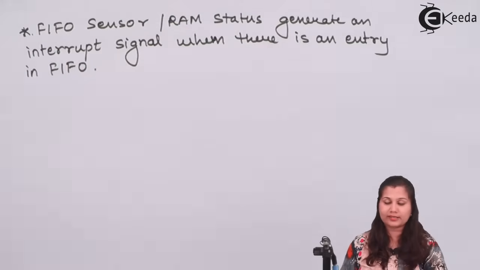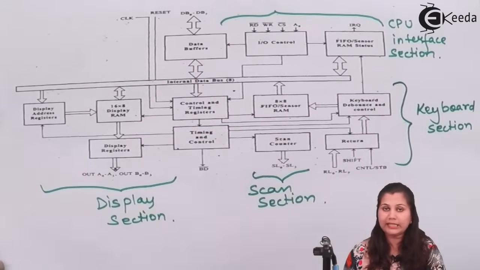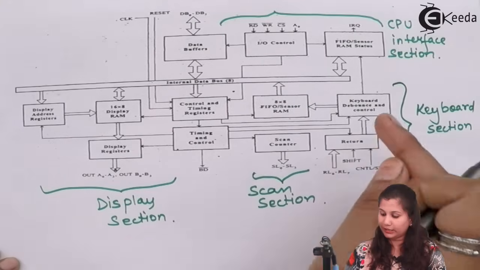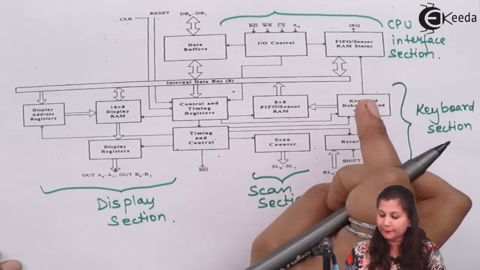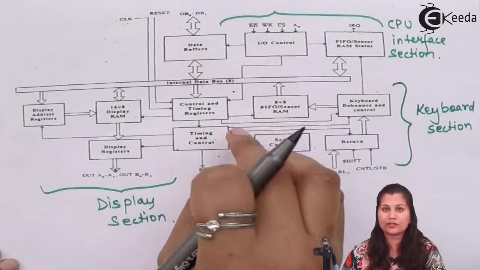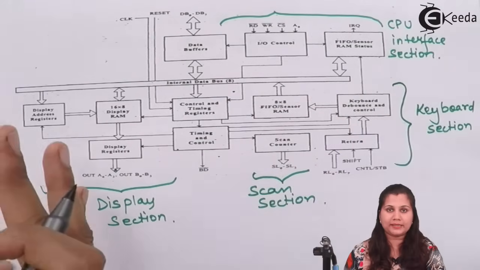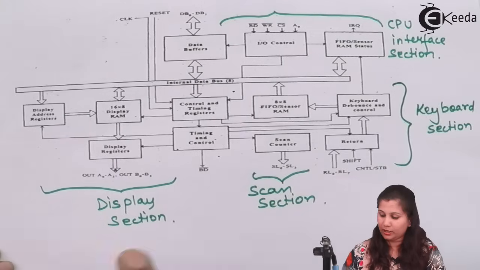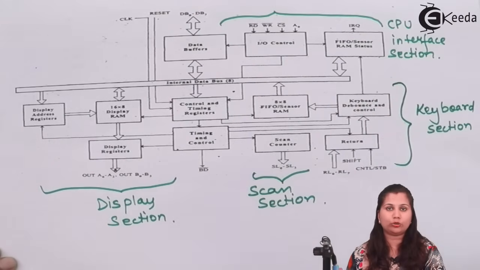So this FIFO sensor RAM status block: whenever any key is pressed in the keyboard, the key code will be stored in this RAM, and this information stored in RAM has to be read by the CPU. So the CPU or the microprocessor has to be interrupted. Whenever a key is pressed, an interrupt signal will be sent to the processor.